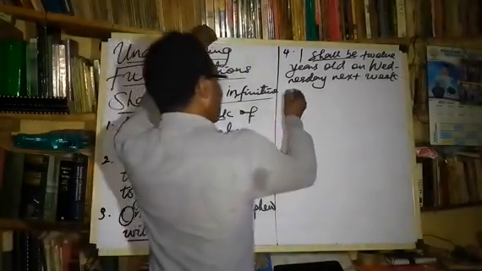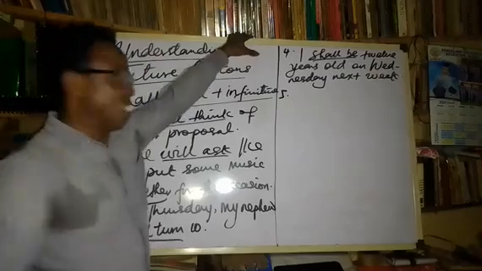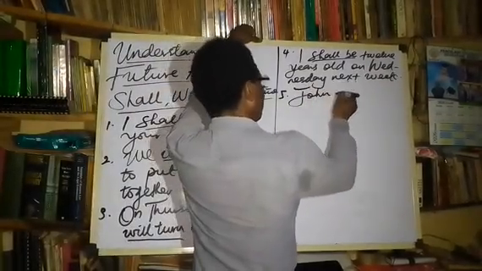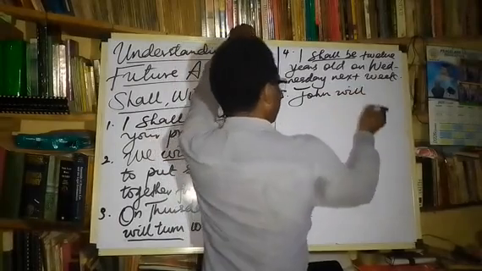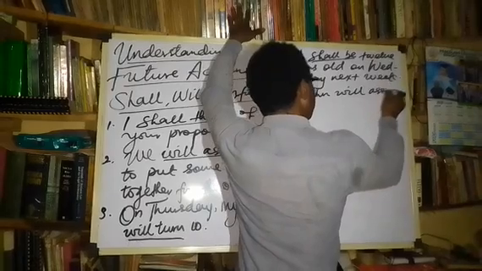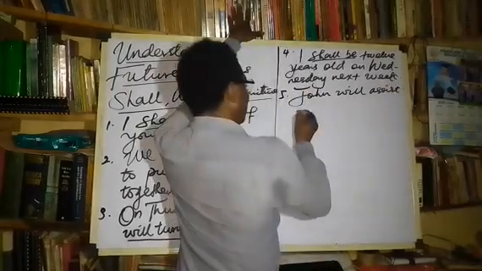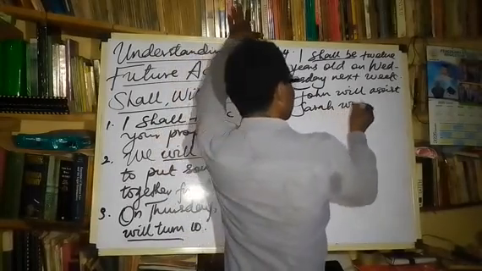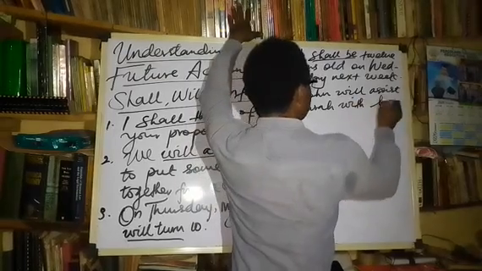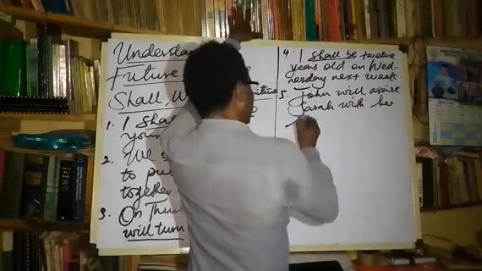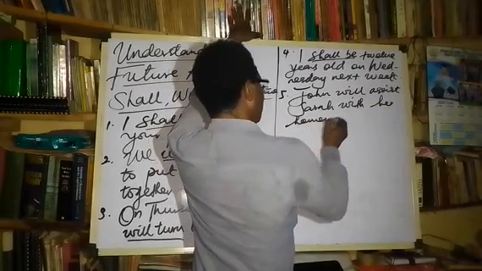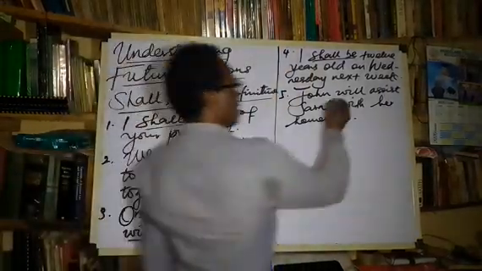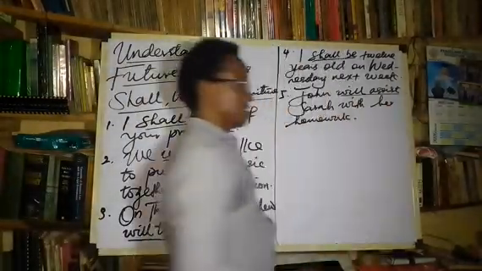In our next sentence, number 5 says, John will assist Sarah with her homework.